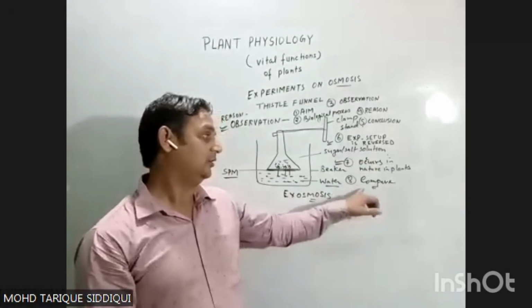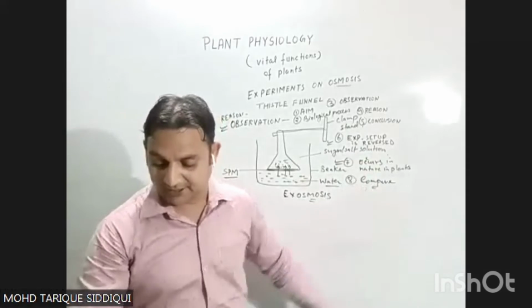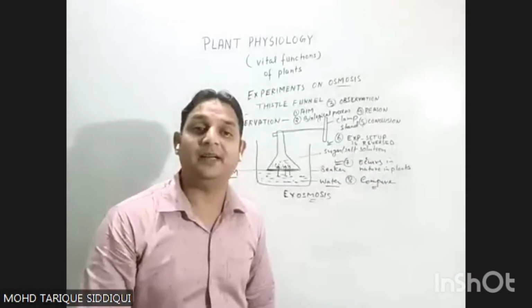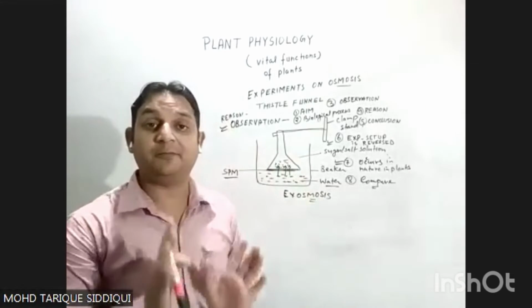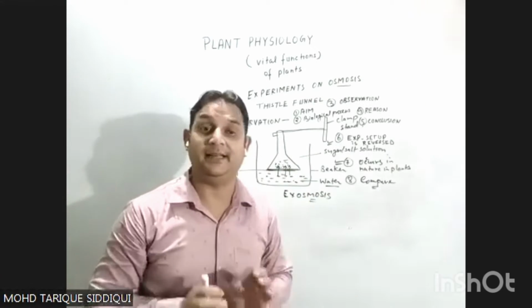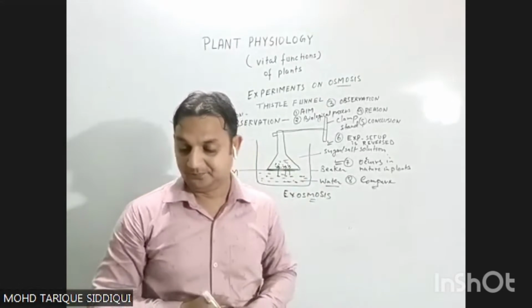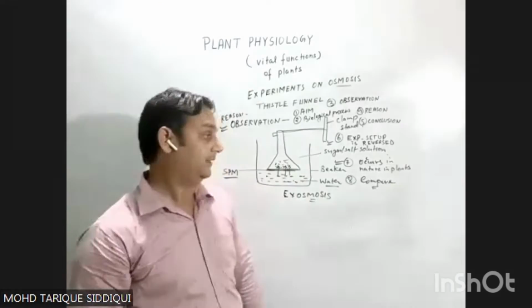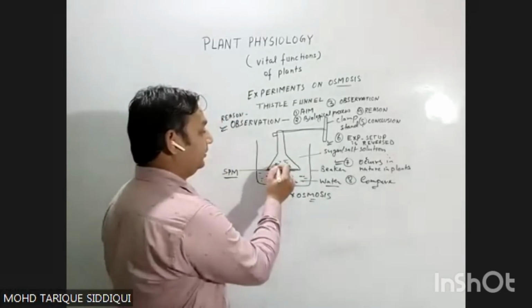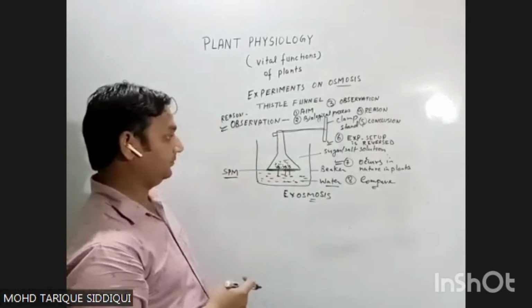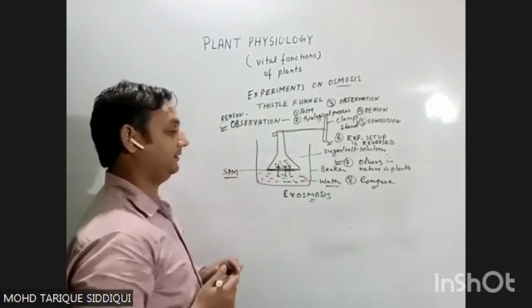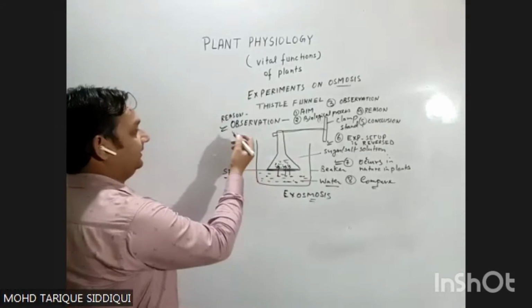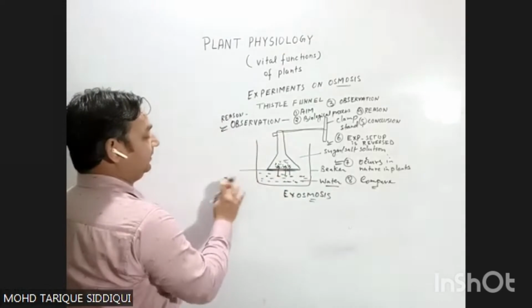All right. Now the last question we have: compare the components of this experimental setup with the process which occurs in nature. So what will you compare here? Here is the sugar or salt solution, here is a thistle funnel, water in the beaker, and this is a semi-permeable membrane.